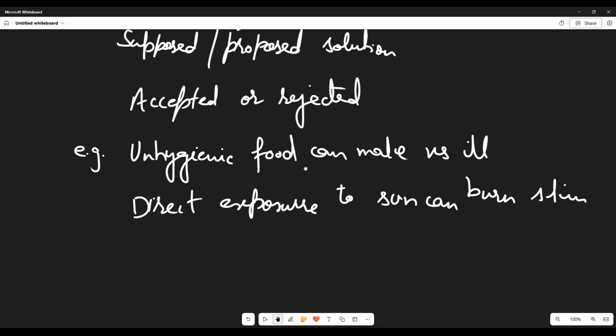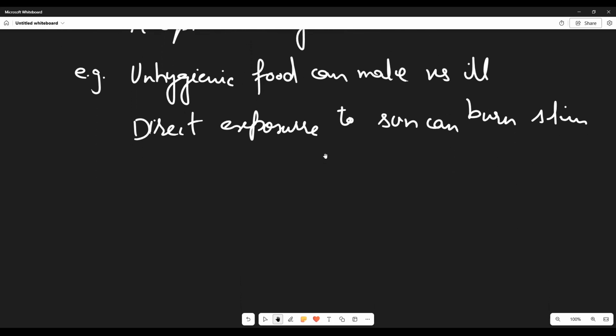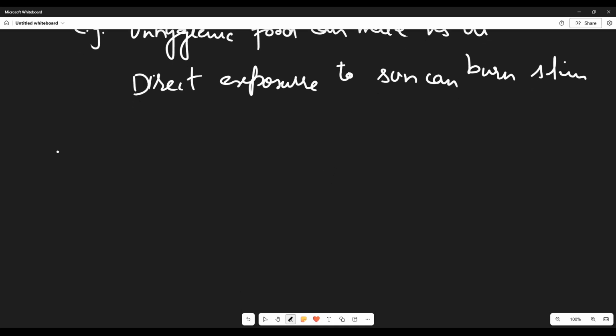Number three is short breaks increase the performance of students. So these are some examples of hypotheses, how we make hypotheses relating to the problem under study.